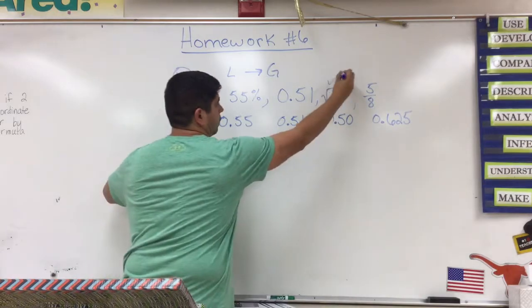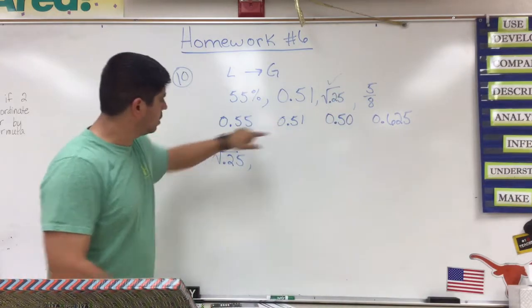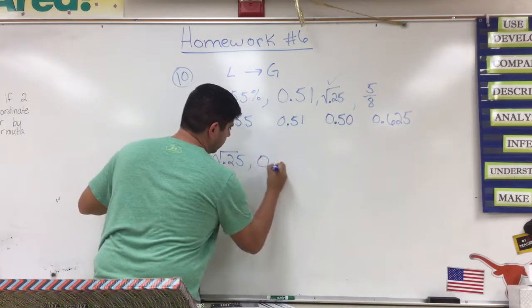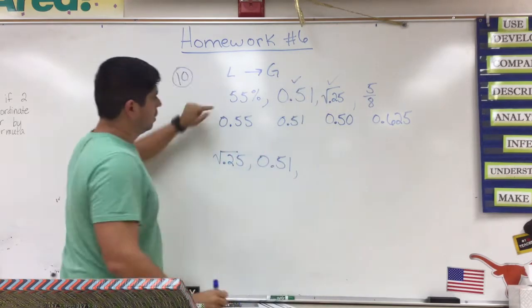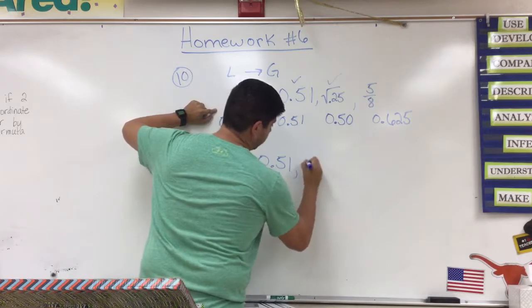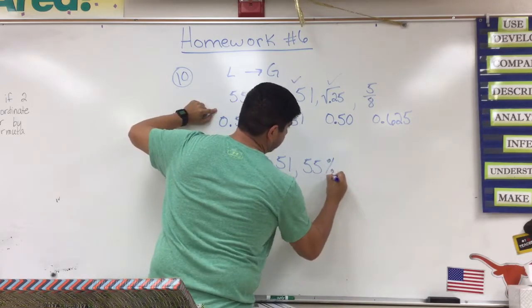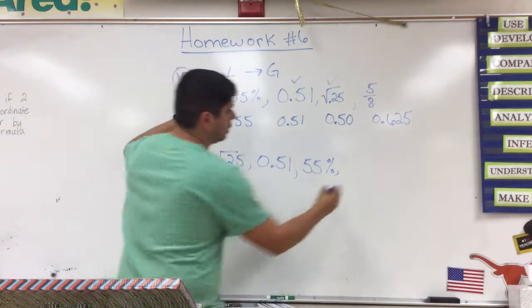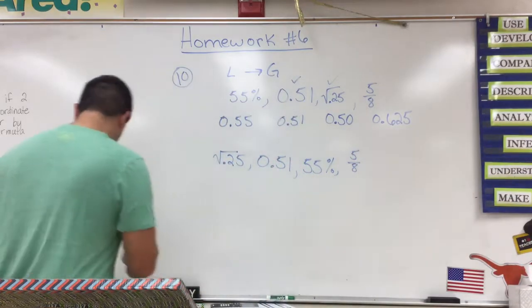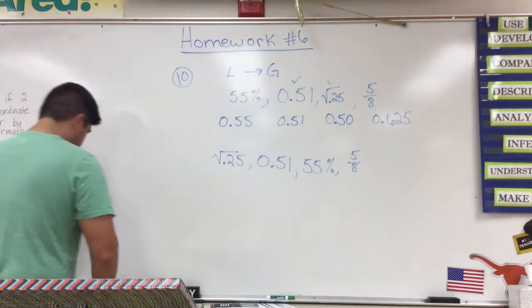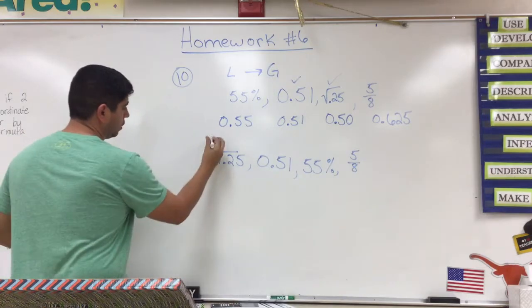Okay. Next, I would get to this one, so 0.51. That was its original. Next is 55%. And then last is the 5/8. All right, so there is my final answer here.